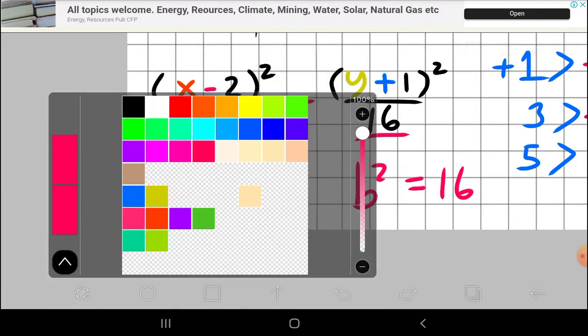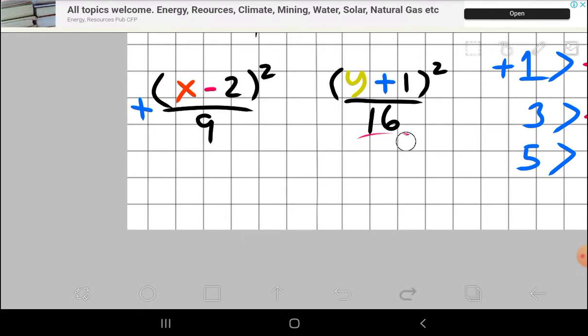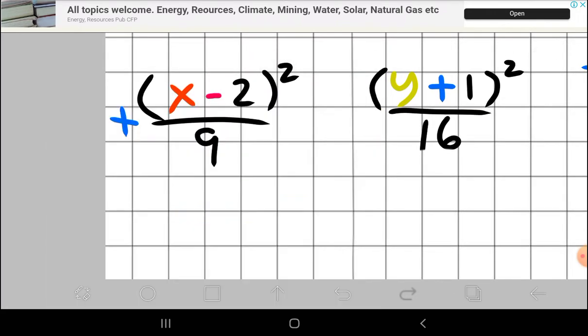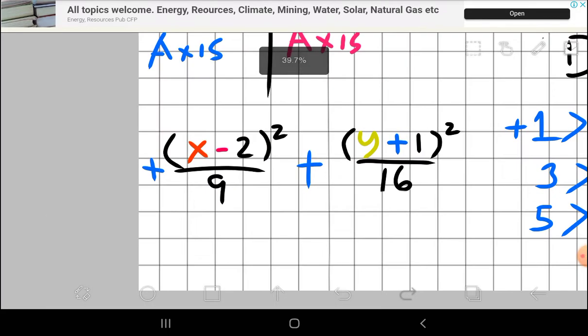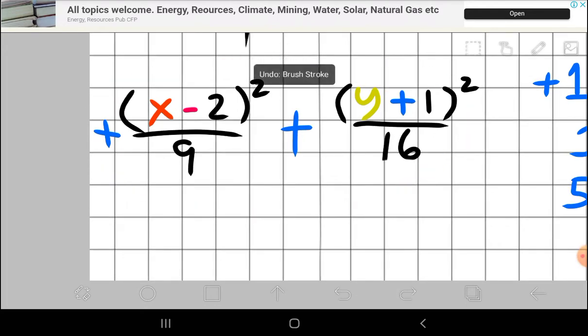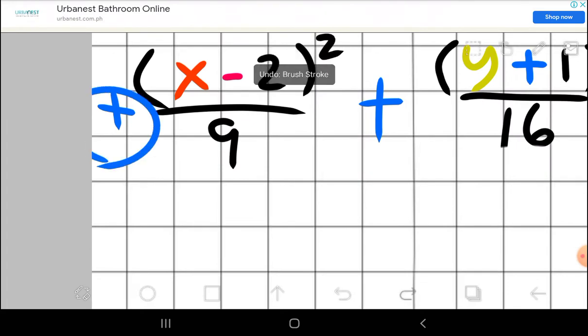Now let's give another example. What if we change the sign and we make it an ellipse? This is a given of an ellipse because they are both positive. Now, I told you before, when someone's giving you a given, you will always first look at the sign.